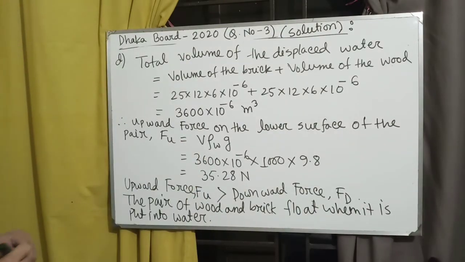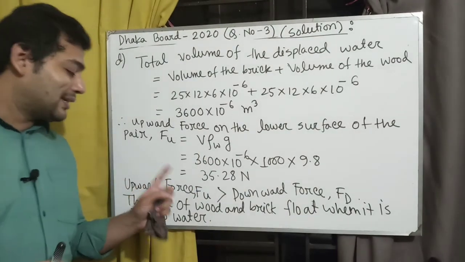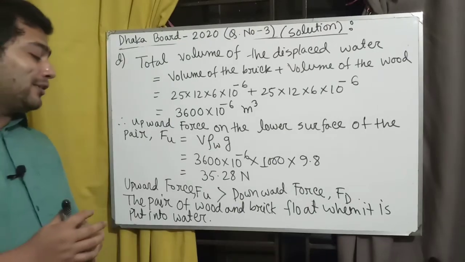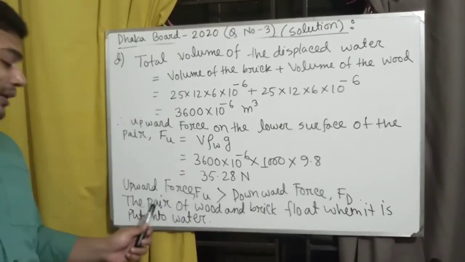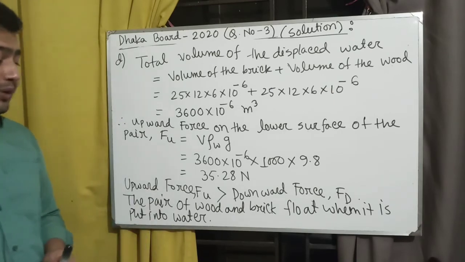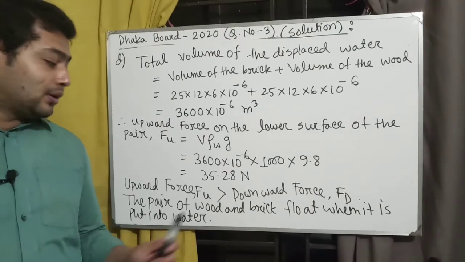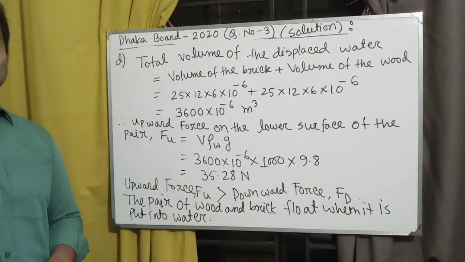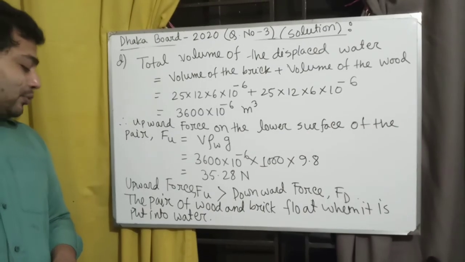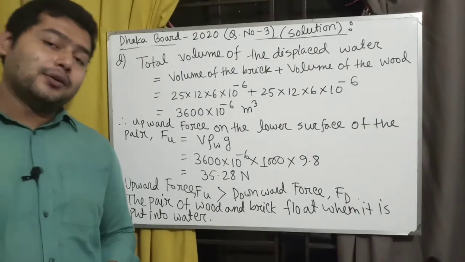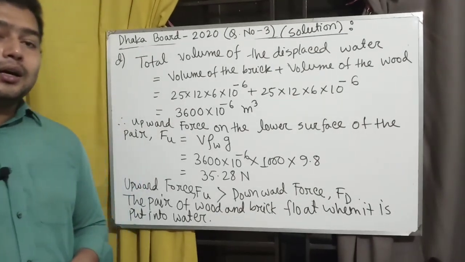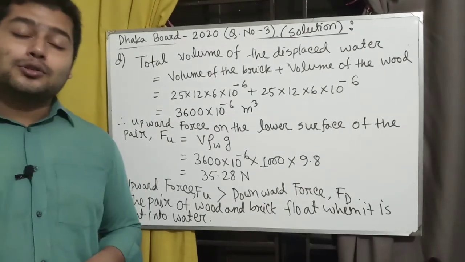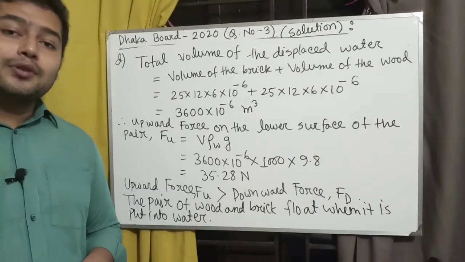Upward force Fu is greater than downward force Fd. So the pair of the wood and brick floats when it is put into water. So this is our answer for the given creative question.